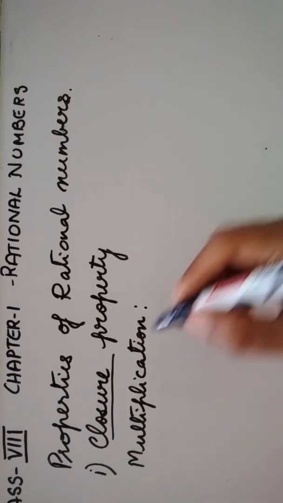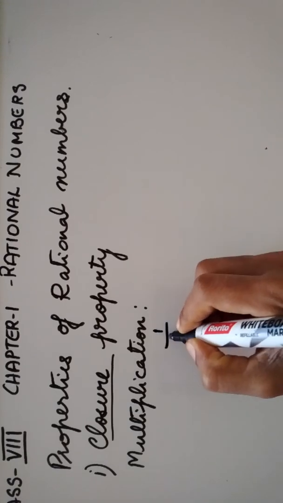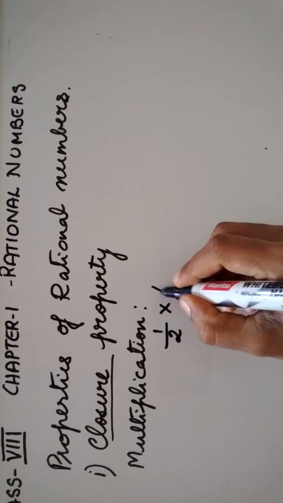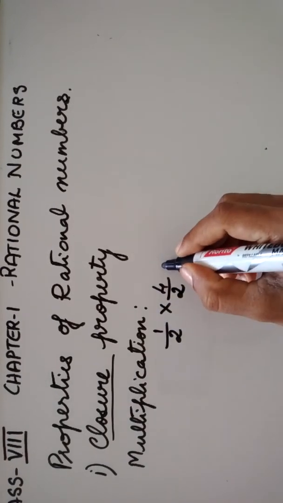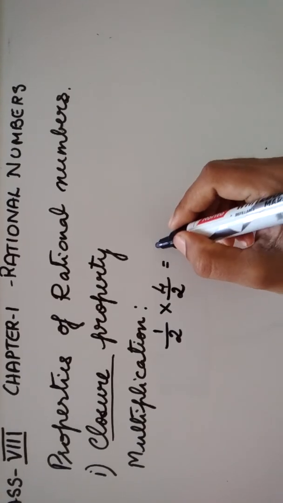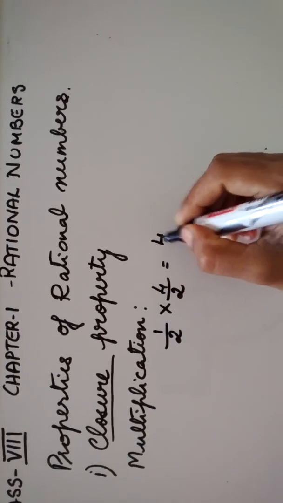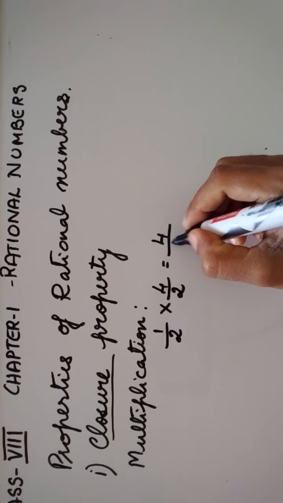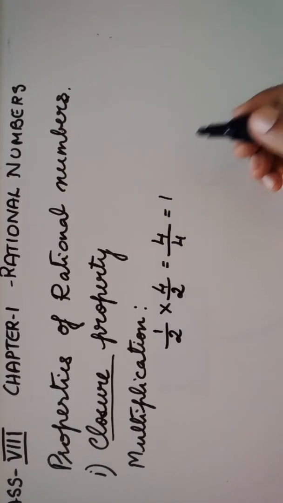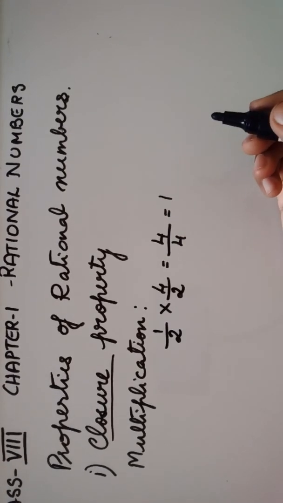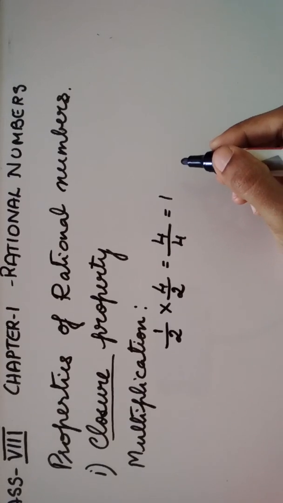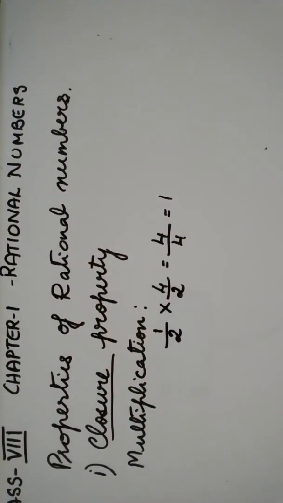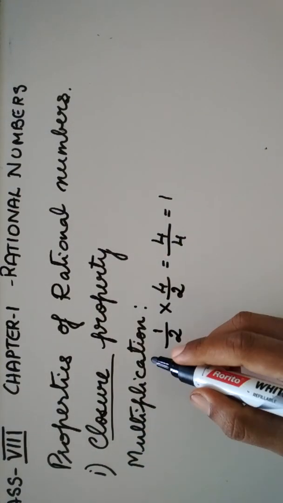I'll take the same numbers, that is 1 divided by 2 and multiply with 4 divided by 2. So you get 1 into 4 is 4 and 2 2s are 4, which is equal to 1. Again it is a rational number. So closure property is applicable for multiplication.